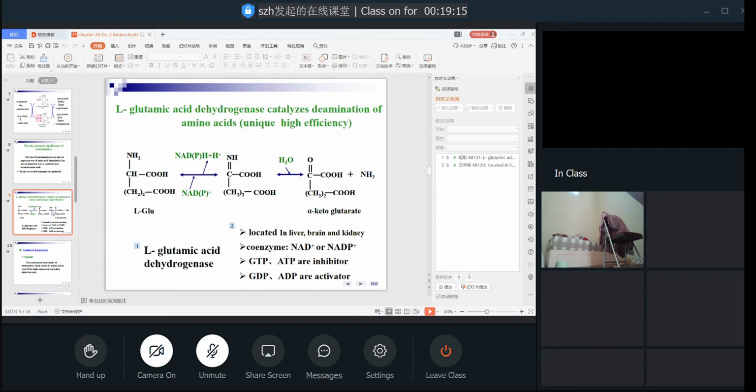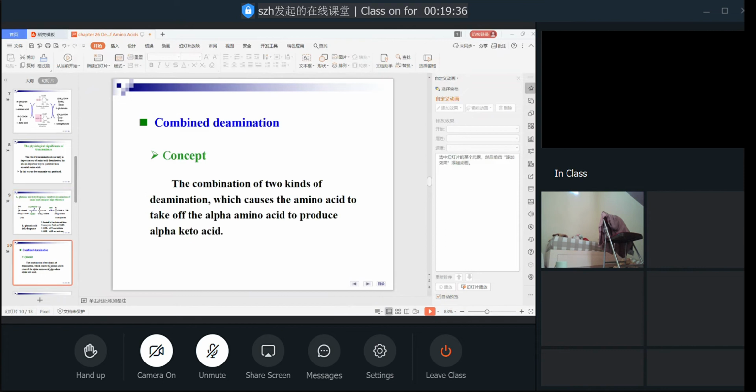Glutamate dehydrogenase then carries out thorough deamination. From the beginning, I explained that combined deamination is the main pathway for amino acid deamination. So here you see them combined together, forming the combined deamination.